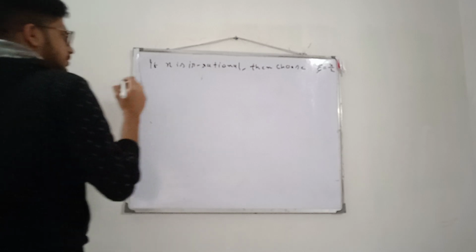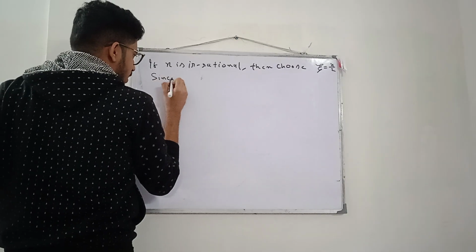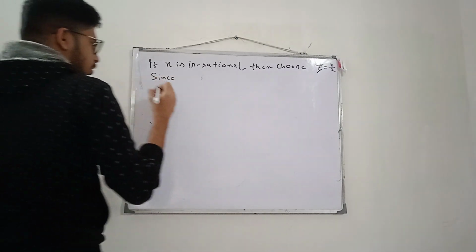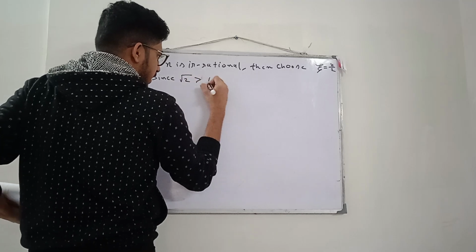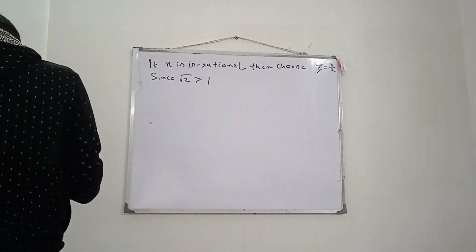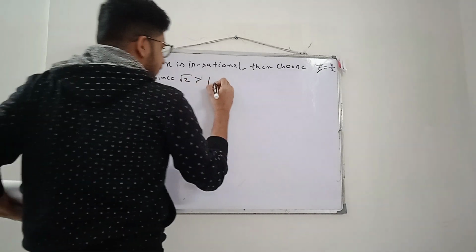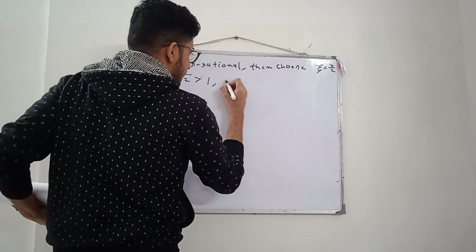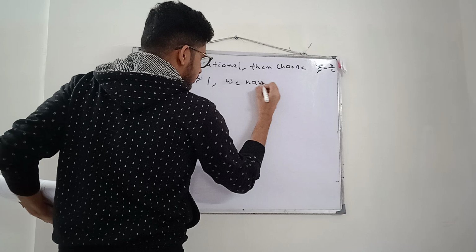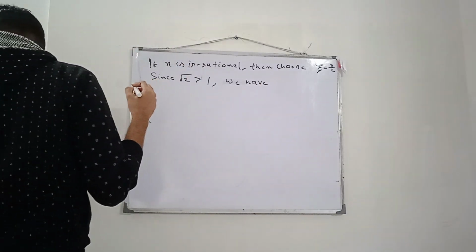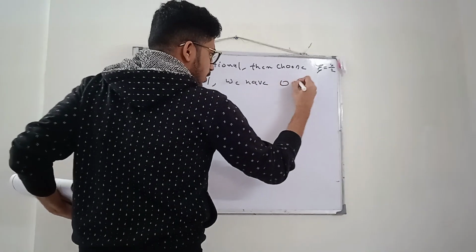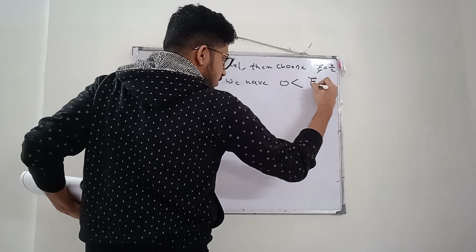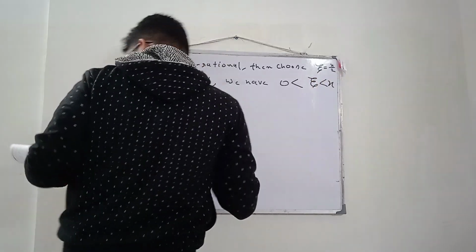Okay, since root 2 is greater than 1, and we have 0 less than this one and x.